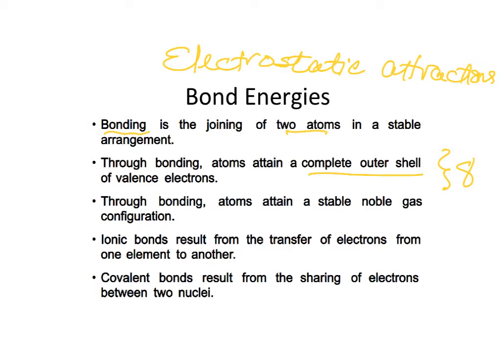So there are two basic types of bonds that we've talked about. There are more than that, but the two primary ones are ionic bonds, which result from complete transfer of valence electrons to yield ions that are electrostatically attracted to each other, and covalent bonds, the sharing of valence electrons between two neutral atoms, and the electrostatic attraction in that case is between the electrons of one atom and the positively charged nuclei of another.